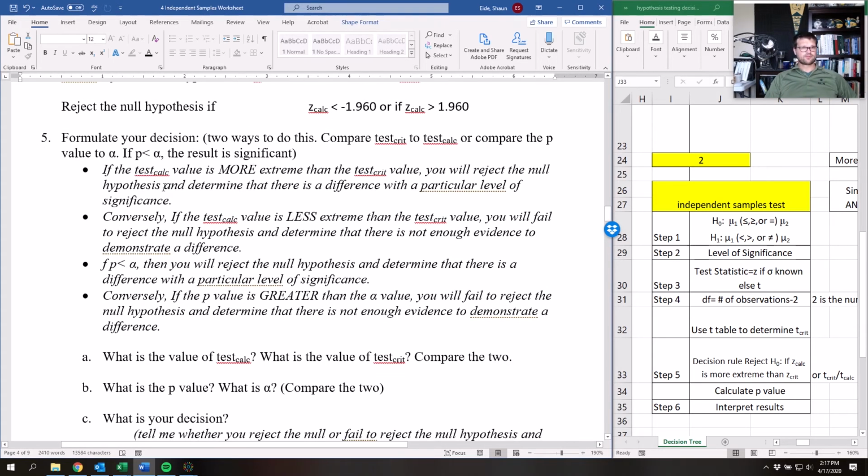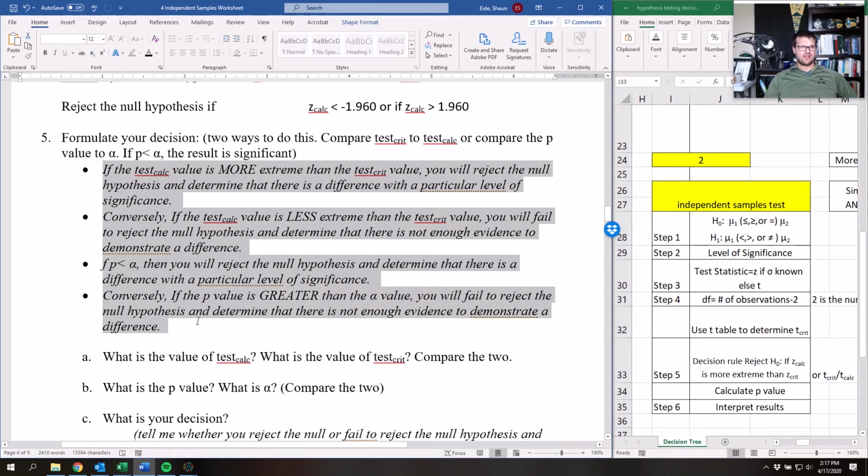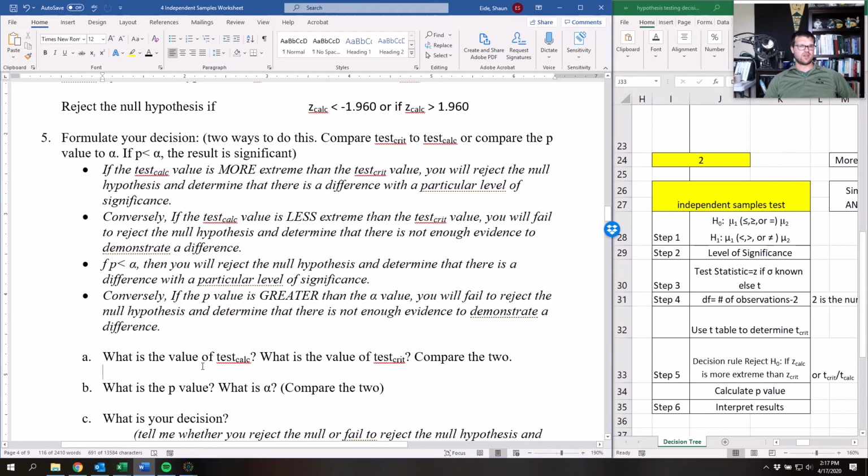You can read through all of this; it tells you how you need to make your decision. Instead of test, you put in chi-squared or z or t.